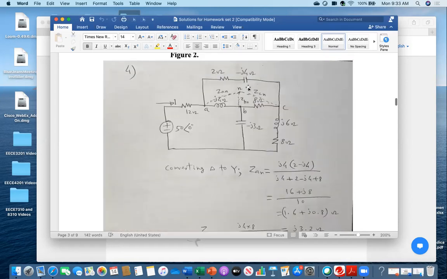This is the important part, converting delta to Y. So just remember your past knowledge in DC circuits. Exactly the same thing we are doing. The only difference is, in a DC circuit you only notice the resistance. Here you are looking at the reactance, inductive reactance, capacitive reactance, in the impedance part. That's the only difference, but the rule is the same. The same thing applies equally here.